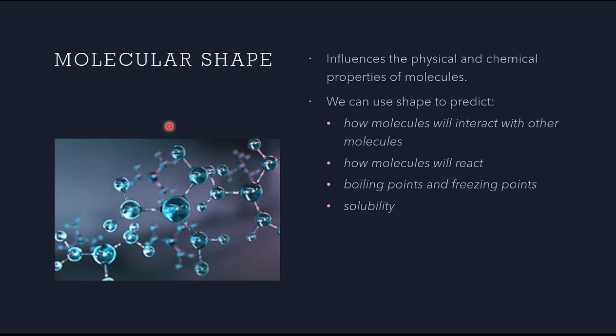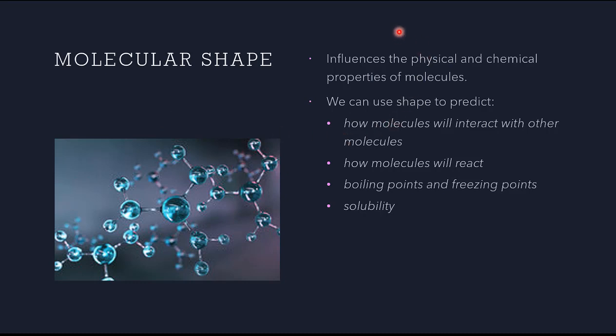Now, as we begin to understand and study molecules, we are also very interested in the shape that these molecules take. The shape of the molecule is going to be driven by the different atoms and elements that exist in the molecule, their sizes, their electronegativities, how many valence electrons they have. All of this is going to help influence shape.